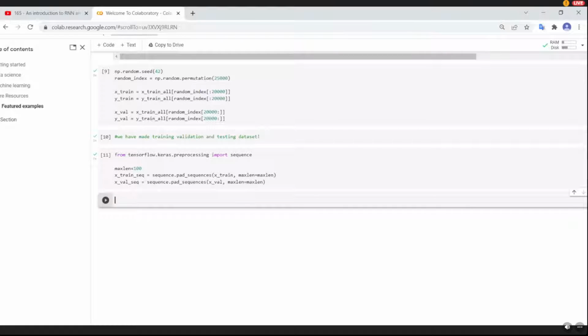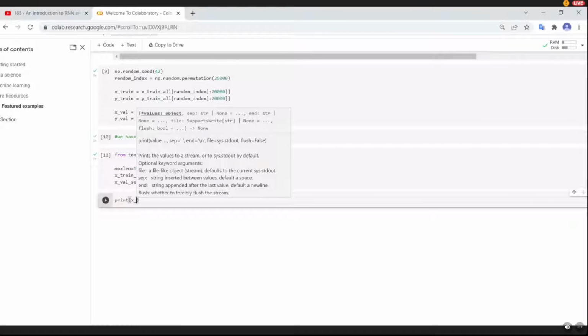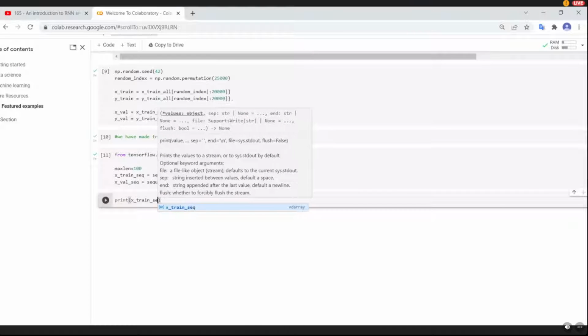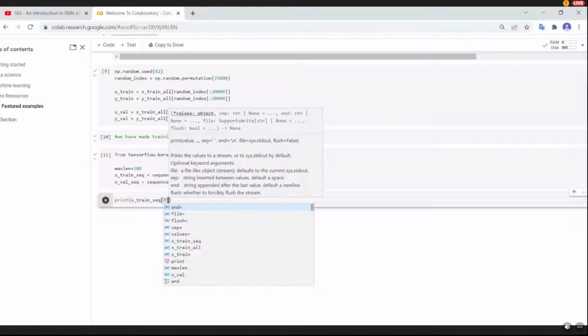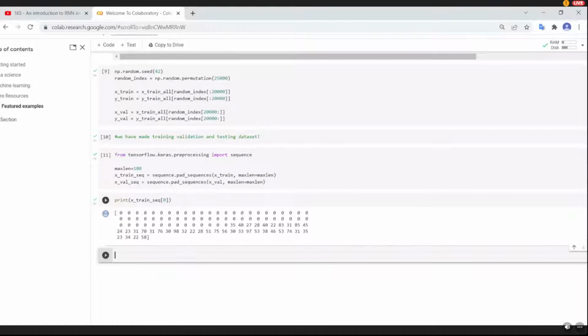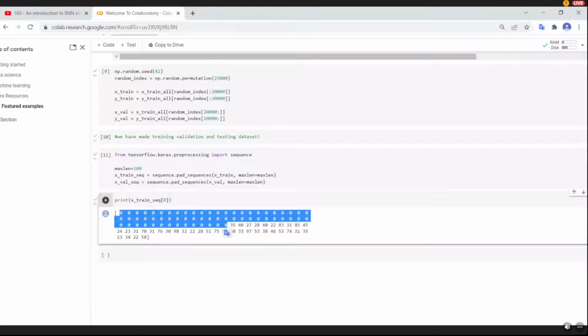If you want to see, print x_train_seq[0]. You can see how we put more zeros of padding in order to provide the proper shape.